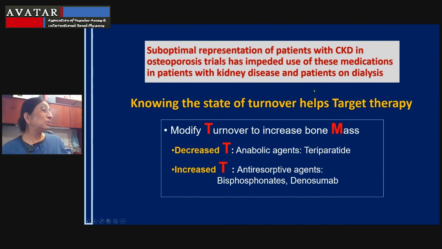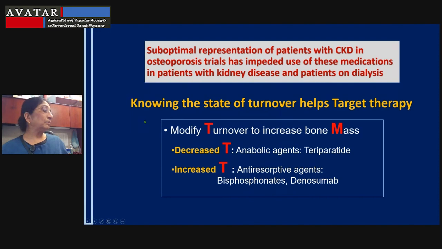In patients without kidney disease, we routinely focus on turnover and use that as a guide to therapy. Patients with decreased turnover, we treat them with anabolic agents, and increased turnover, anti-resorptive agents. We are not able to apply the same paradigm to our patients with chronic kidney disease.